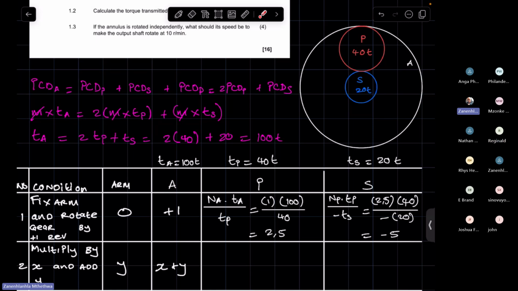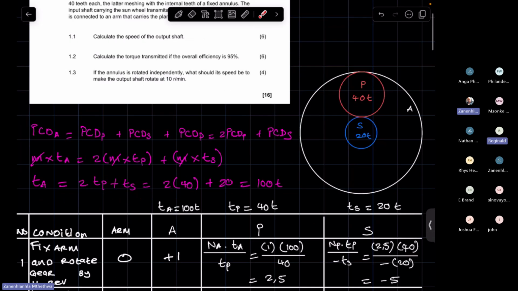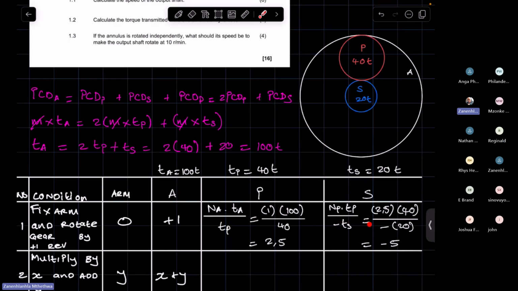It's only when we get to, say, the third condition that we have to apply what has been said in the statement and the question you are looking at. But as far as the first condition, this will always be the case for a typical epicyclic gear system.